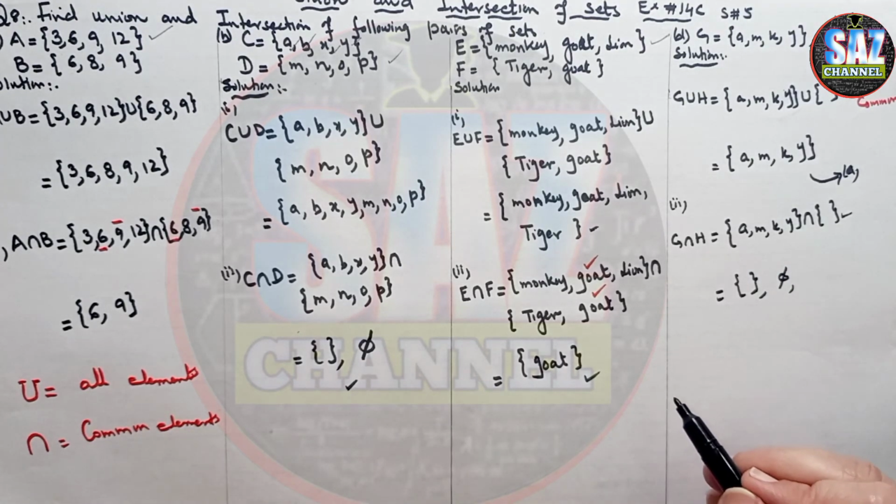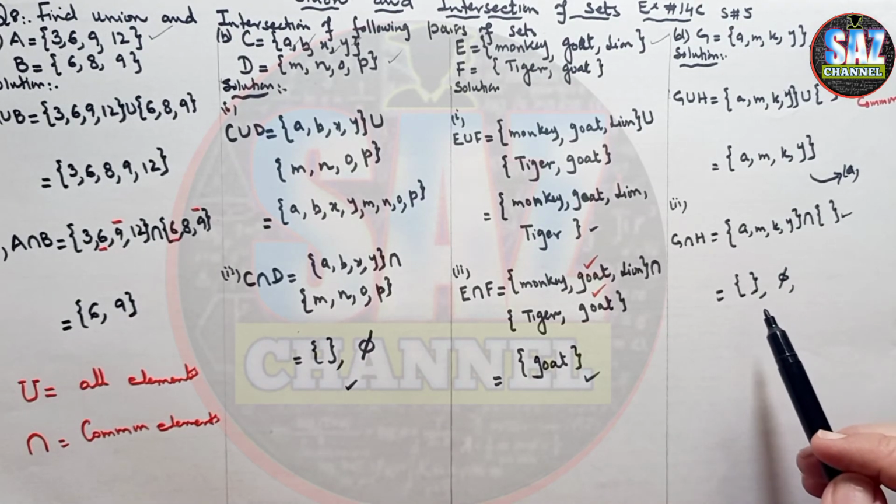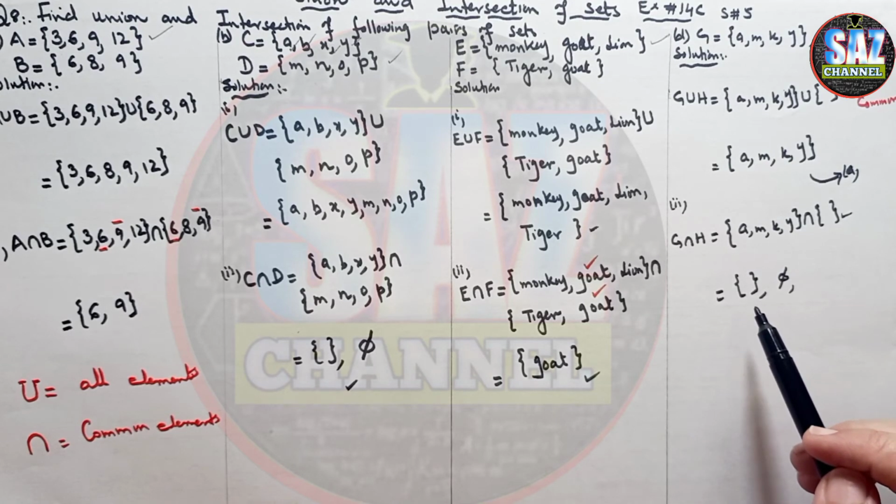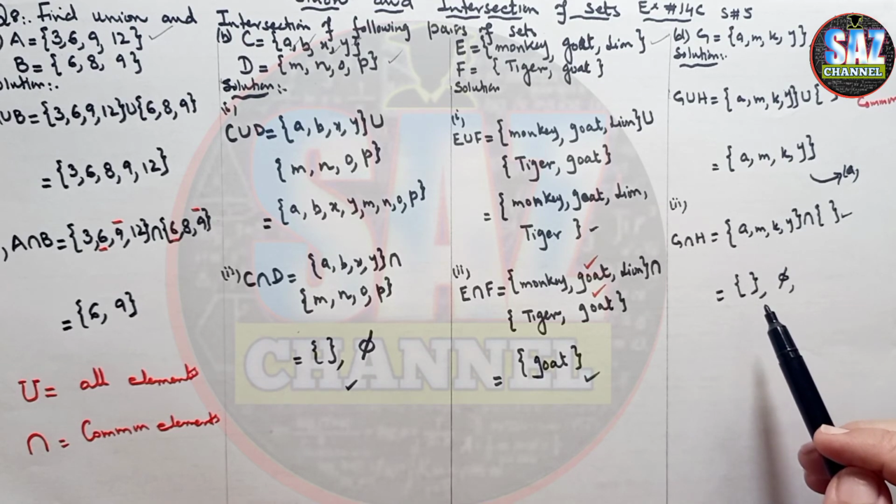So I repeat that as the intersection is the empty set, there is nothing common between these two sets, so the sets will be disjoint.